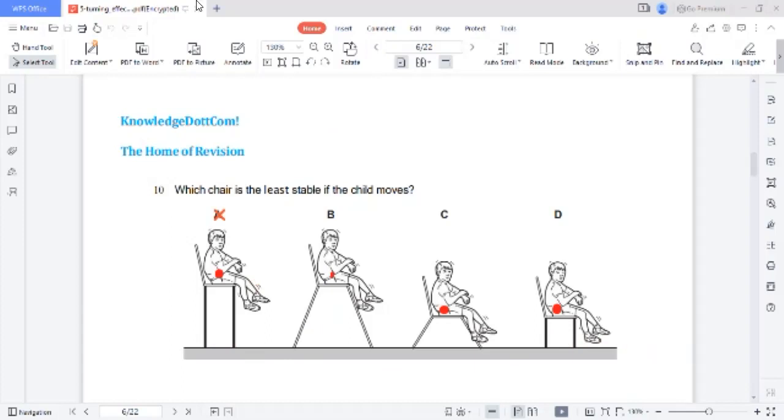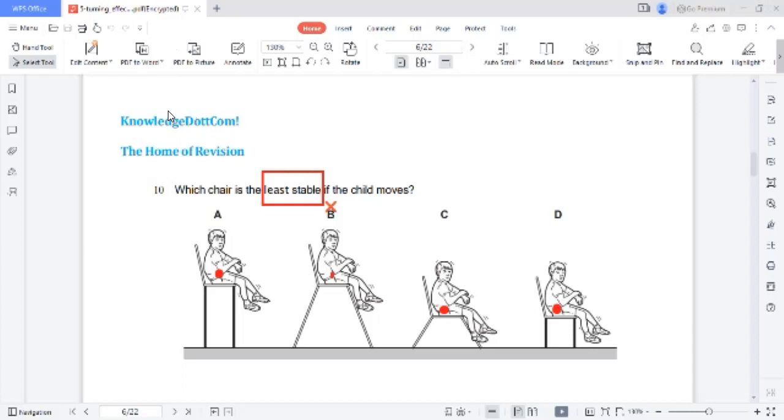Oh, one second. The question is about the least stable. So least stable means small base area. The one with the small base area would be the least stable. So it means this one is not stable.